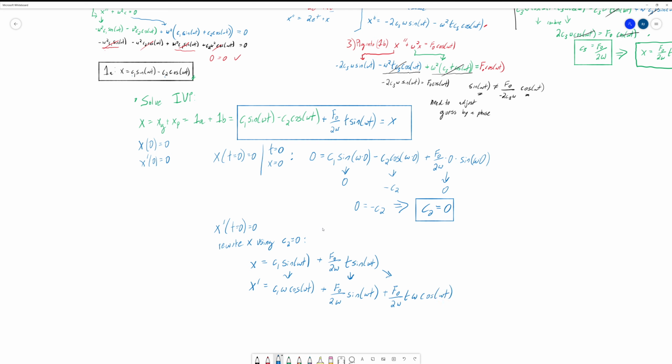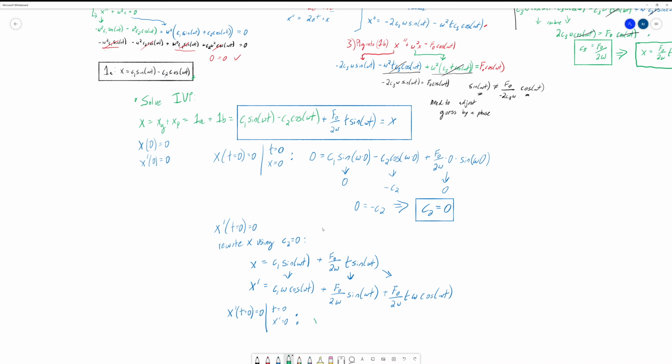Okay, and now we need to plug in for x prime of t equals 0 equals 0. So that means that we need to set t equal to 0 and x prime equal to 0. So let's do that. I'll switch colors here.